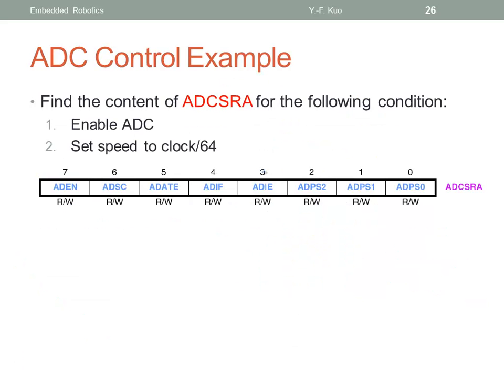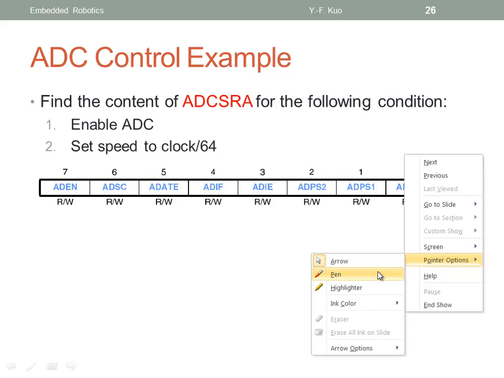So let's see this example. We want to change the bits in register ADCSRA in order to first enable the ADC, and second, set the speed to clock divided by 64. So what do we do with that?